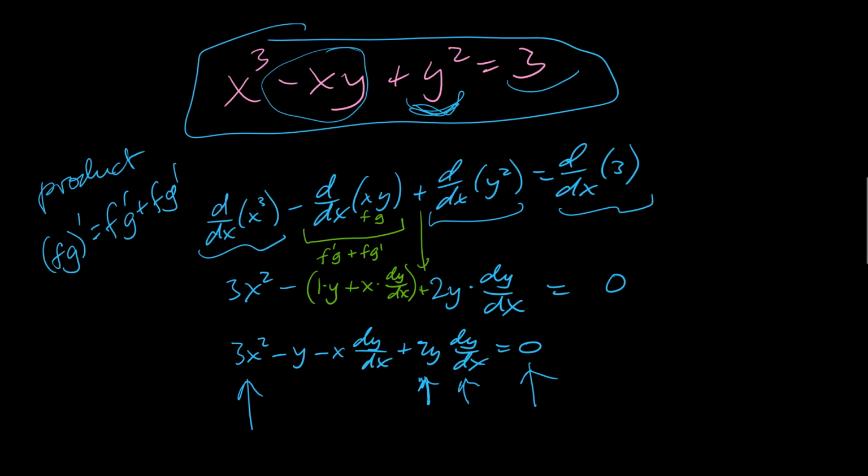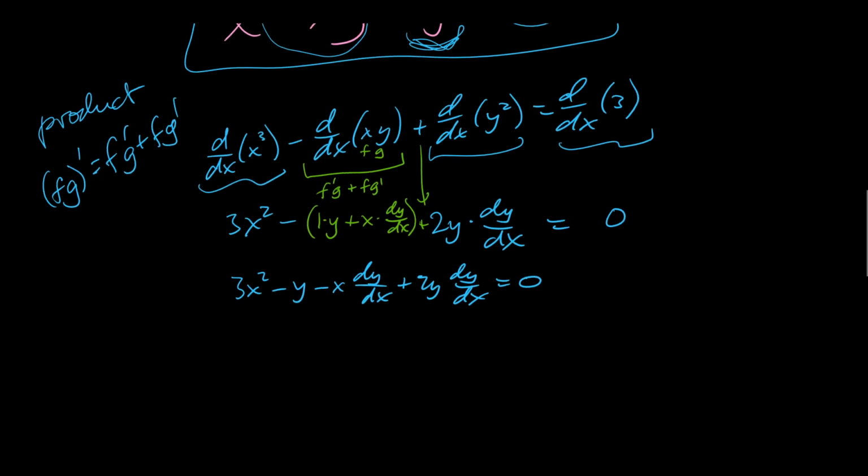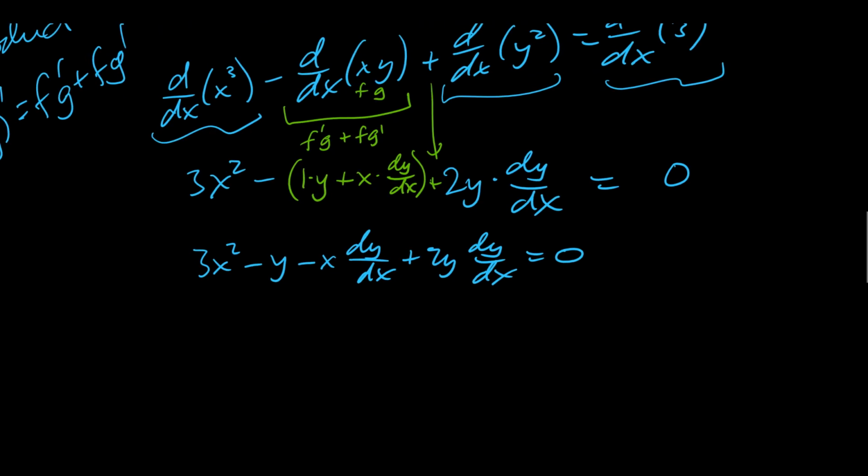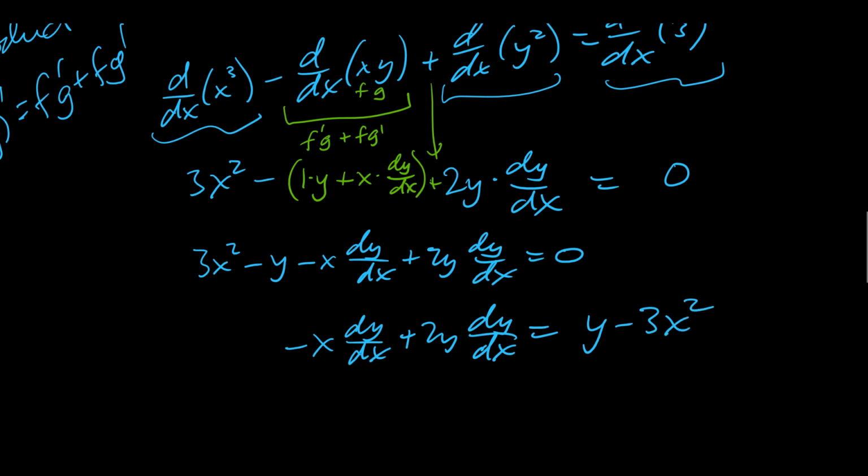Now, when we're down to this step at the very bottom, what we do is we just get the dy dx's by themselves and move everything else over to the other side. So we get negative x dy dx plus 2y dy dx equals y minus 3x squared. I changed the sign of these and moved them and added them to the other side.